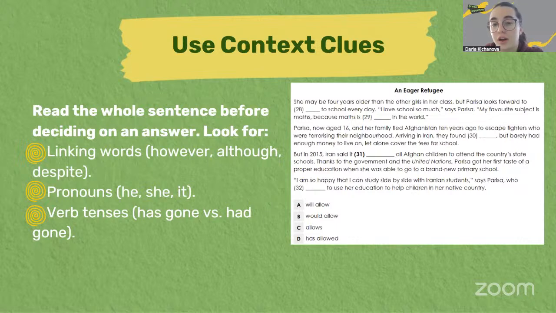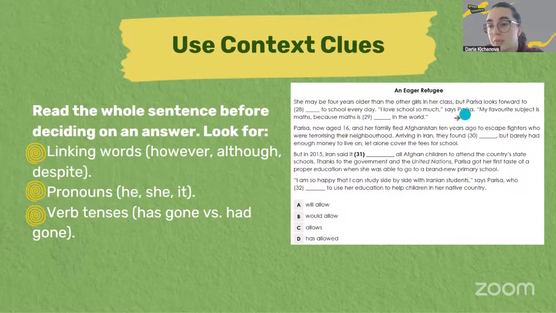We need just a small part of context that will help us understand what word we should put here. For this, you need to read the whole sentence before deciding on the answer. You need to pay attention to the linking words, pronouns, and verb tenses.